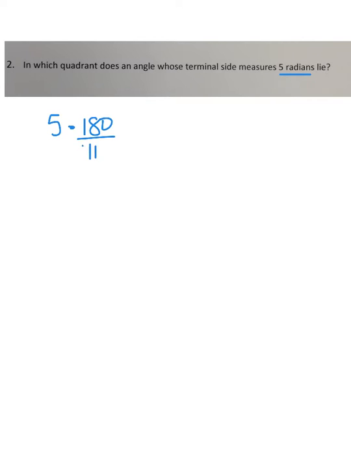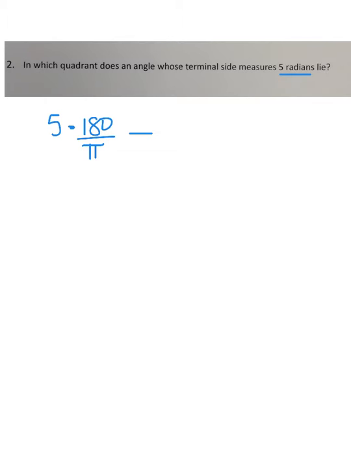Now when you put this in your calculator, you're just going to hit the pi button. So you're going to do 5 times alpha y equals, and then in the numerator put 180, and then in the denominator just simply put pi.